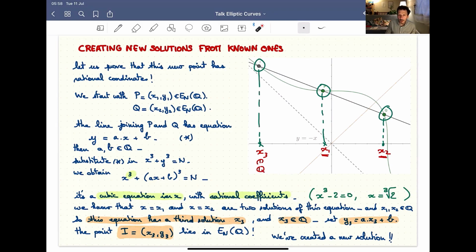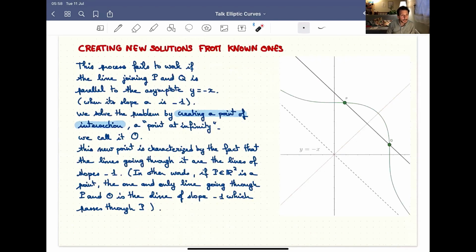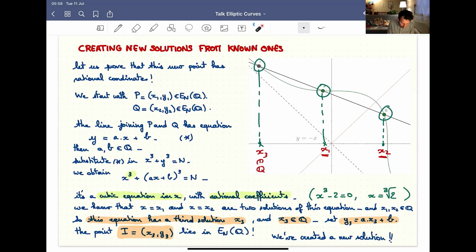Okay, I should say that I cheated a bit here, because this process which I've just described actually sometimes fails to work. Sometimes there's just not any third point. Maybe it's clear here.